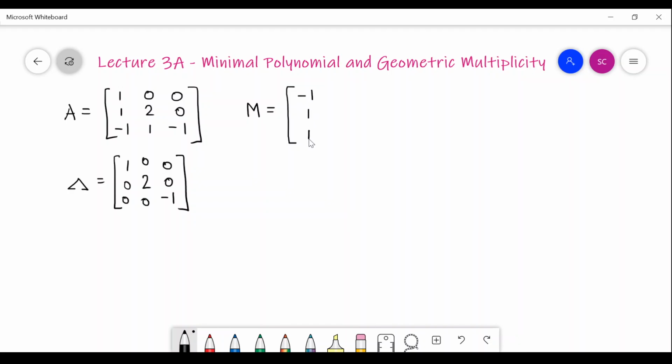So this is a modal matrix, and the eigenvectors are 1, -1, 1, 1, then 0, 3, 1, and then 0, 0, 1. These are the eigenvectors.